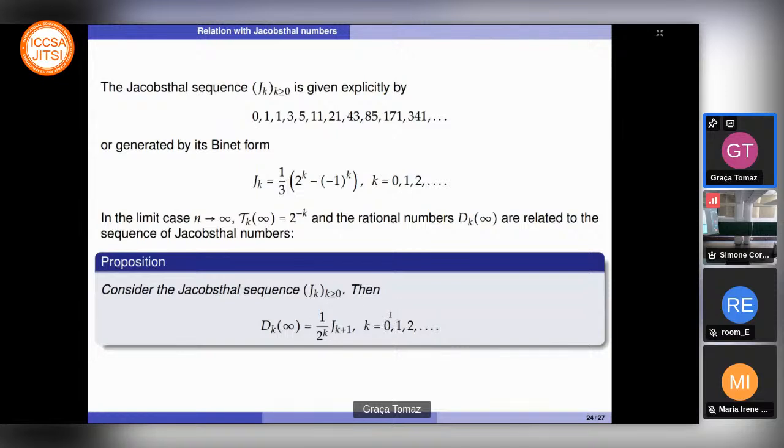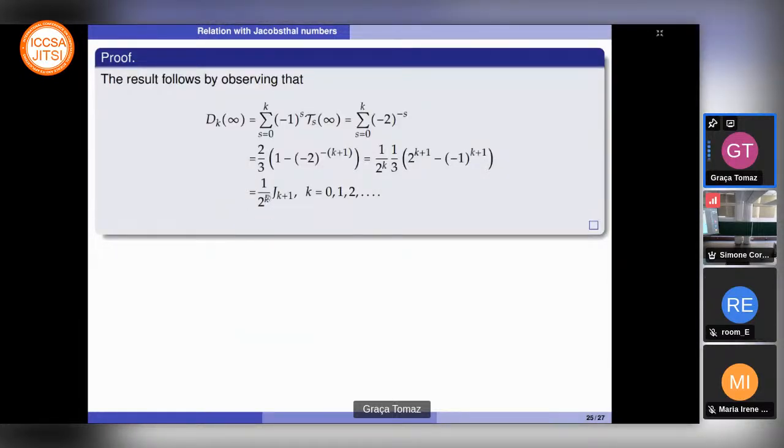proposition. To prove this proposition, we use this fact, decay equal to power minus k, which leads to a sum of the first k plus 1 elements of the geometric sequence, which combined with the linear form of the Jacobsthal numbers leads to the result.